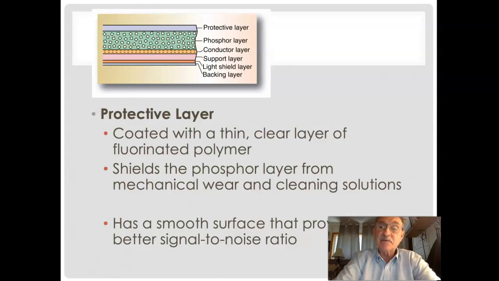So we want to protect it from any of the whirring mechanisms and any kind of friction that might befall it as it makes that journey. It has a smooth surface, and that provides a better signal-to-noise ratio. Remember, signal-to-noise ratio is important. We're interested in signal, and we're not interested in noise. So we want to minimize noise wherever we can, to the benefit of increasing signal.